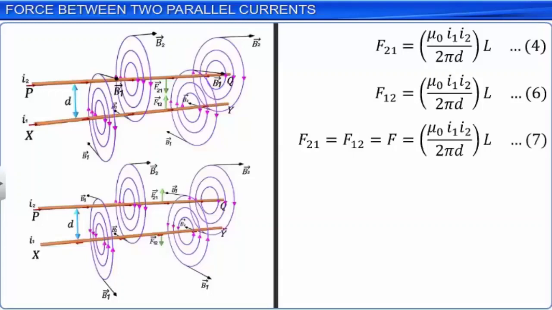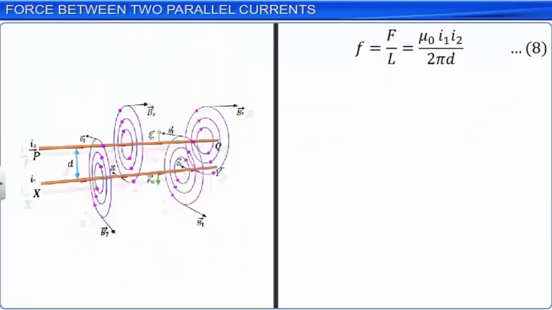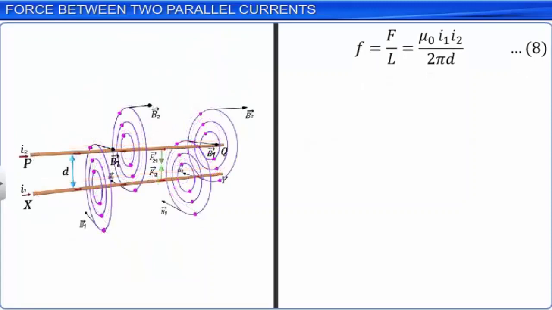Therefore, the force acting per unit length of the conductor is F/L = μ0 I1 I2 / 2πd. Let this be equation 8. Using this expression for force per unit length, let us now define the SI unit, ampere.